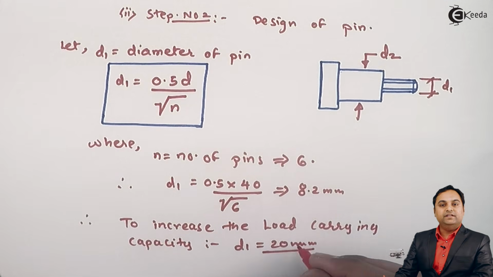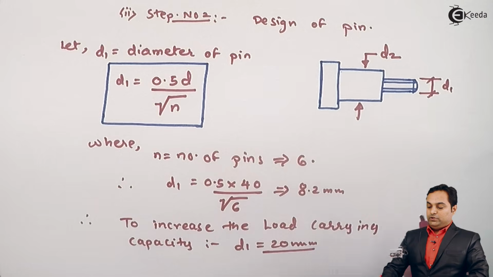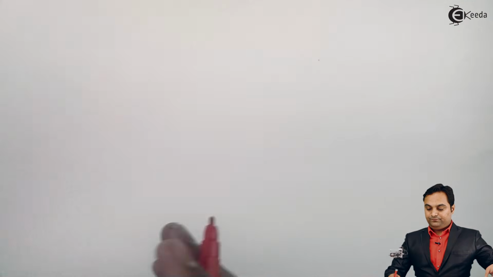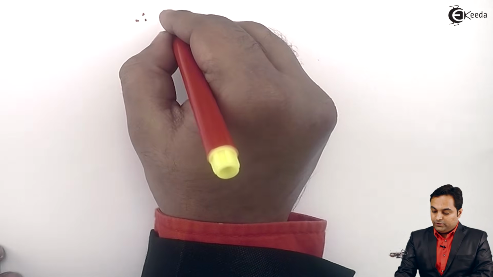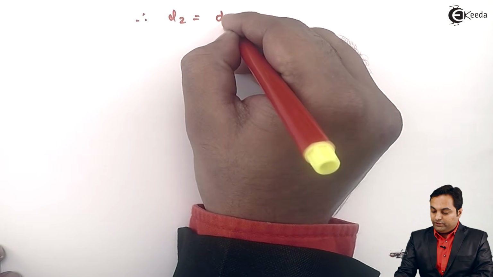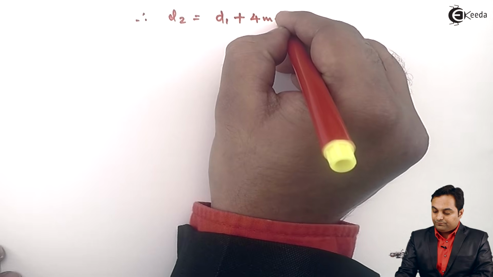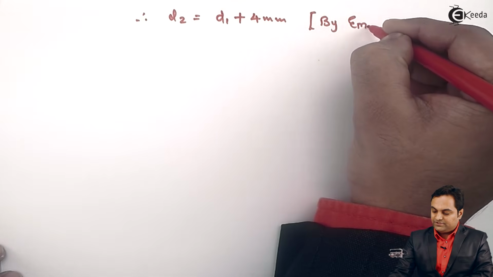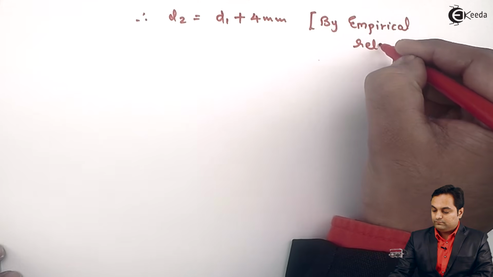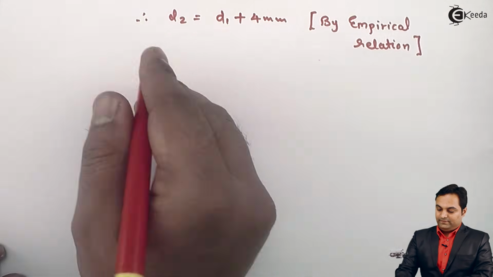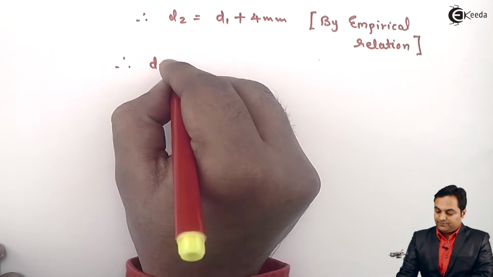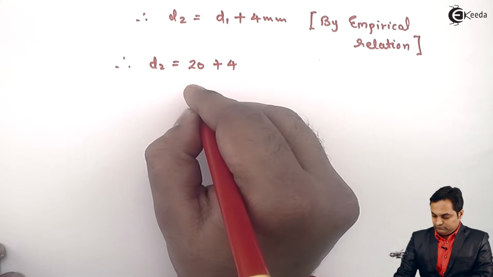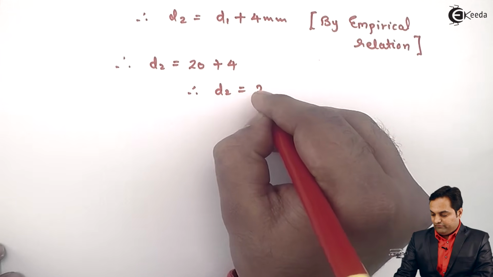I am assuming a higher value, higher than 8.2. So if D1 is 20, this enlarged portion D2 will be equal to D1 plus 4 mm. Again, this is by empirical relation. Next, therefore D2 becomes 20 plus 4, 24 mm.